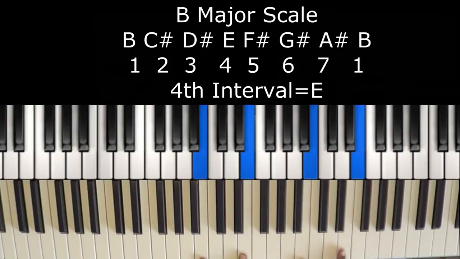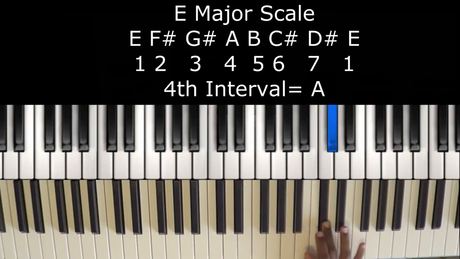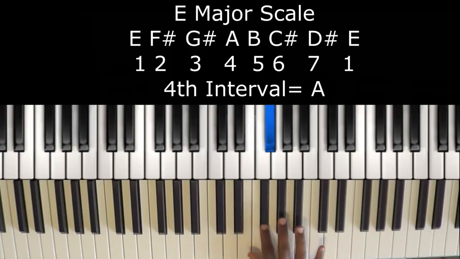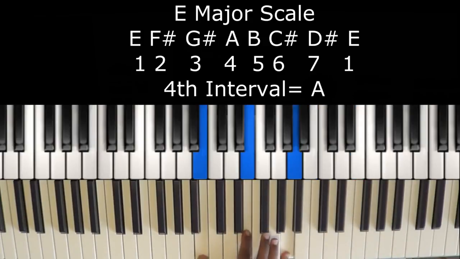See? That's a fourth. And now we're going to do the E major scale. 1, 2, 3, 4, 5, 6, 7, 1. So let's find a fourth from E. 1, 2, 3, 4. And that's a fourth. So that's how I got this chord.